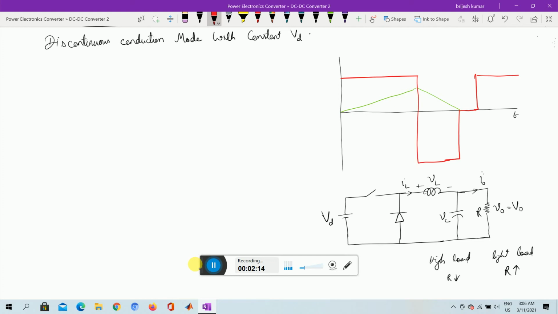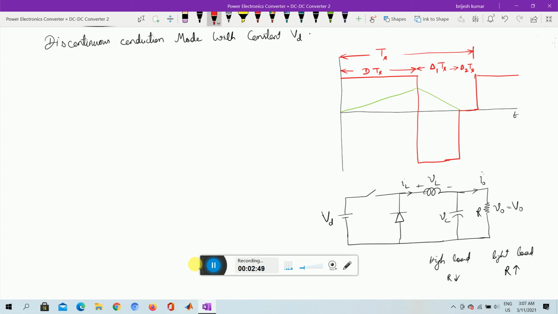So if I say the total time from here to here is TS, the switching interval, and this is your on time, DTS, and the time during which the current is decreasing, let us say this time is equal to del 1 TS, and the time during which it is off, let us say it is del 2 TS.